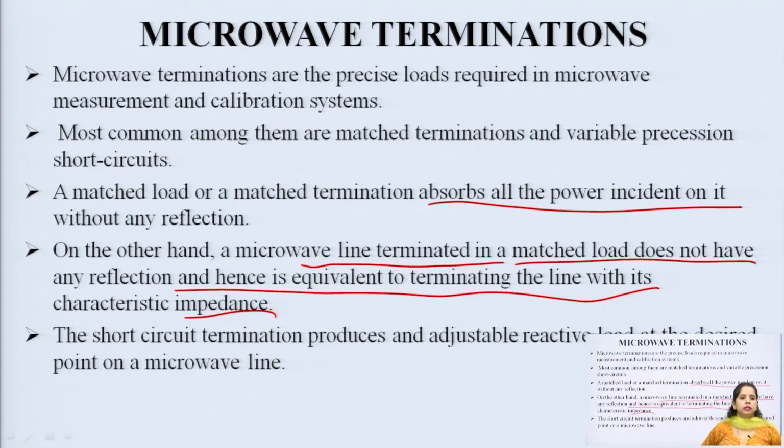So, when the system is terminated with its matched load, there are no reflections, or we can say there does not exist any standing wave, and in that condition the line is terminated with its characteristic impedance. The short circuit termination produces an adjustable reactive load at the desired point on the microwave line.